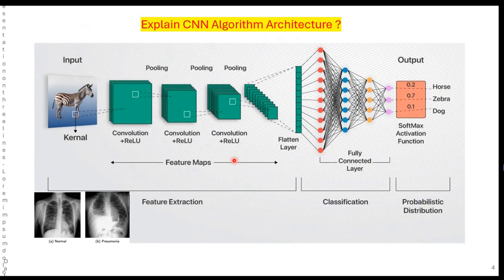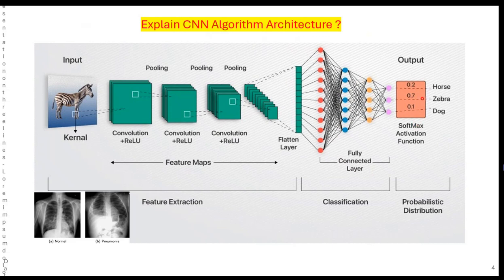So what is the algorithm? This is called the CNN algorithm, which is nothing but a convolutional neural network. For example, it takes an input, like a zebra. It has multiple pooling layers, and each layer is like a convolution, and there is a flattened layer, and then a fully connected neural network layer.